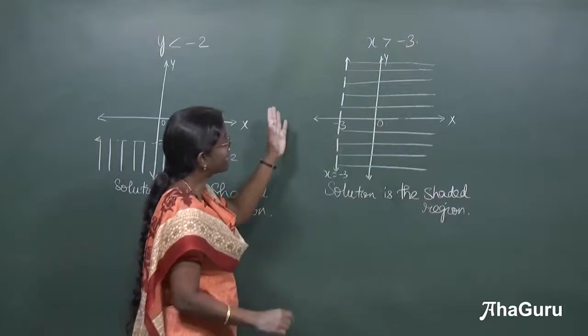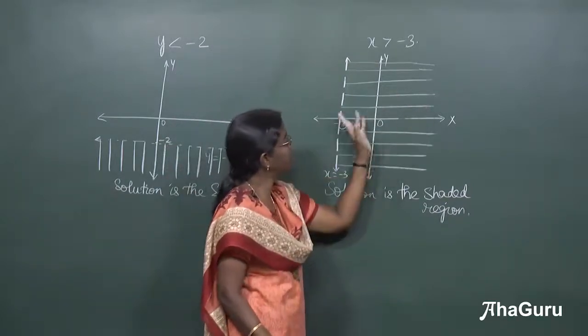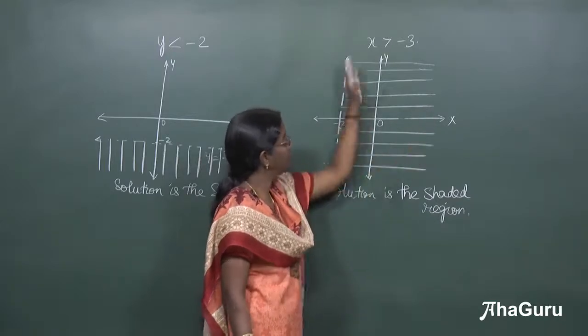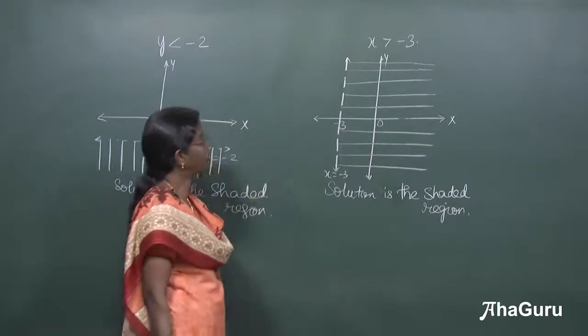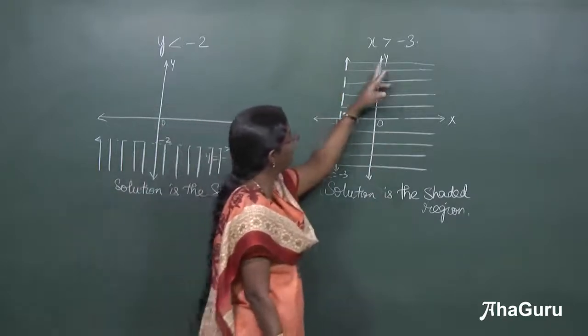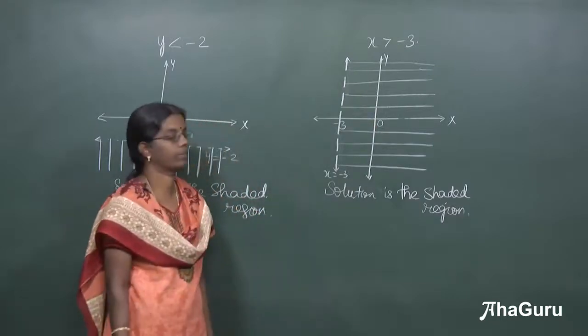X is greater than minus 3. All values of x which are greater than minus 3 will be lying to the right here, this unbounded region. This region will be the required solution. That is, all values here will be satisfying x is greater than minus 3.